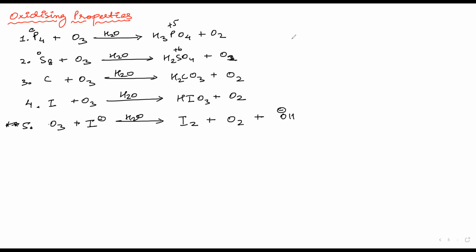Why is it important? Please write a note here. See, whenever you have iodine, this can be titrated against the standard solution of thiosulfate, and then we can quantitatively estimate the iodine.